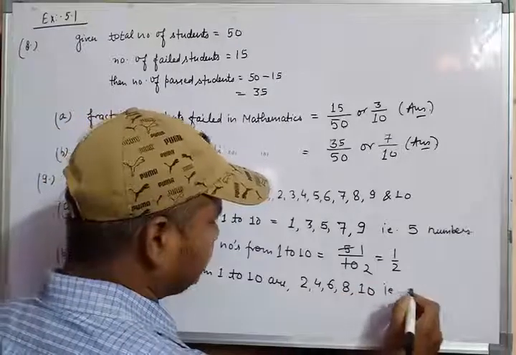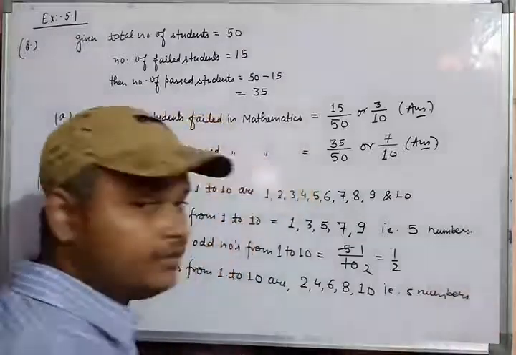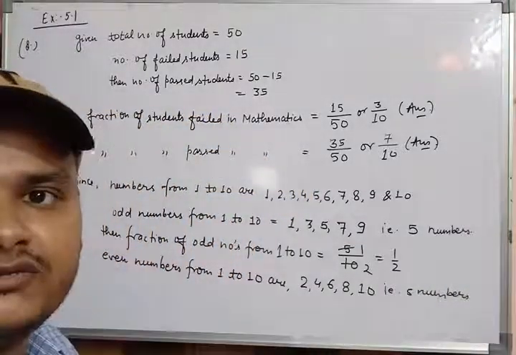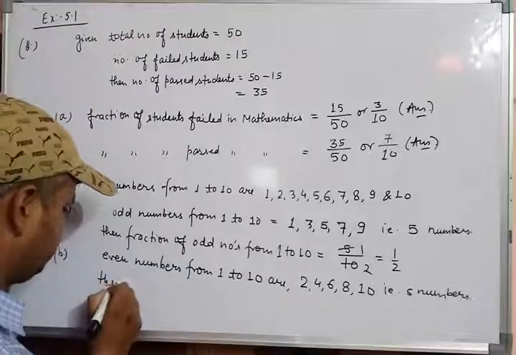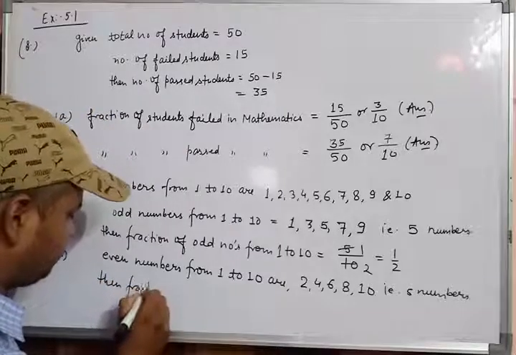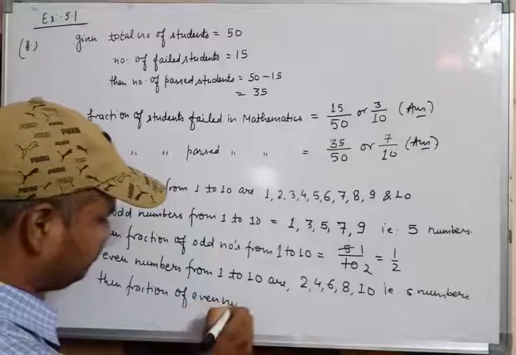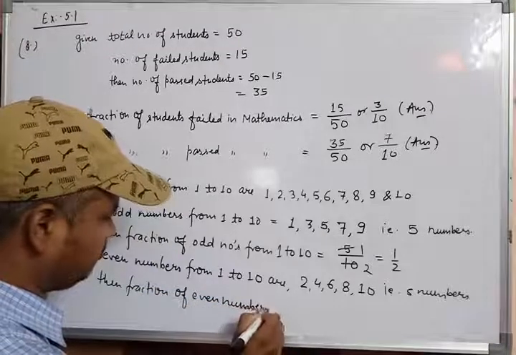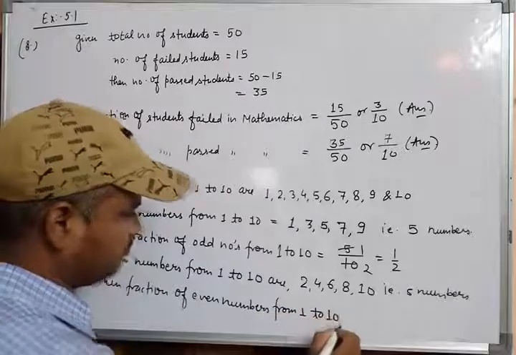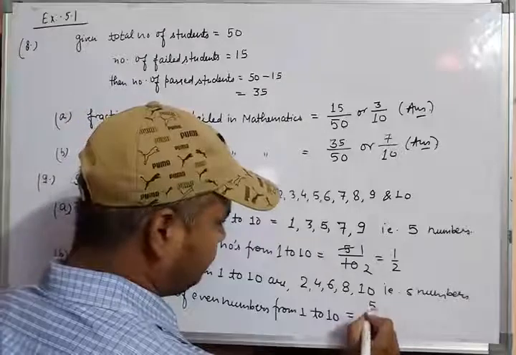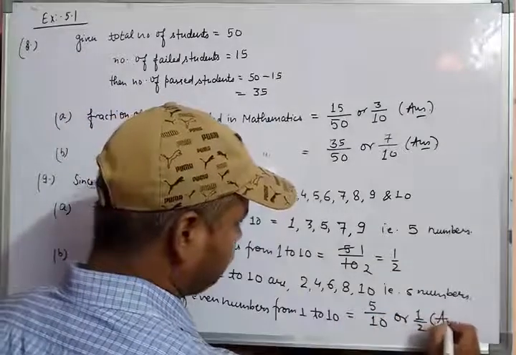That is 5 numbers. So the number of even numbers from 1 to 10 is 5. Then the fraction of even numbers from 1 to 10 is 5 upon 10 or 1 upon 2.